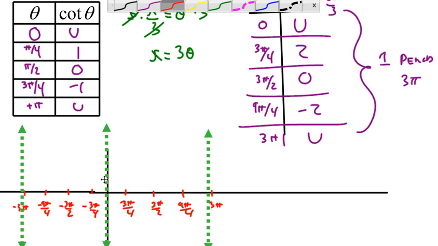I'll call this right here 1, and this right here 2. At 0 it's undefined, which we have. 3 pi over 4, 2. 3 pi over 2, 0. And 9 pi over 4, negative 2.